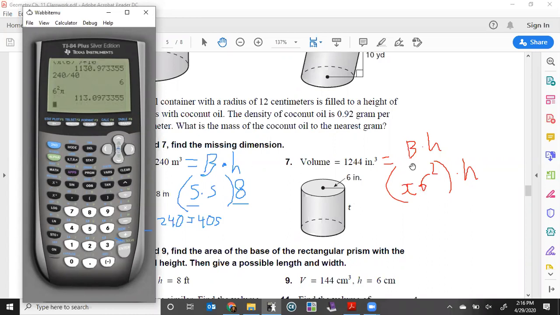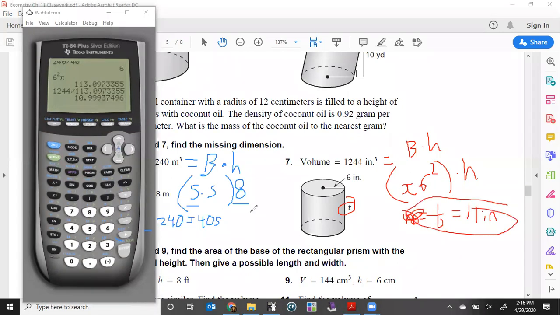Okay. Well, if I divide both sides by that, I'll get 1244 divided by that number. And I see that rounds pretty much to 11. So I'll say that my height, or in this case, sorry, we use the letter T, T is equal to 11 inches. Okay. And that is 11.5.